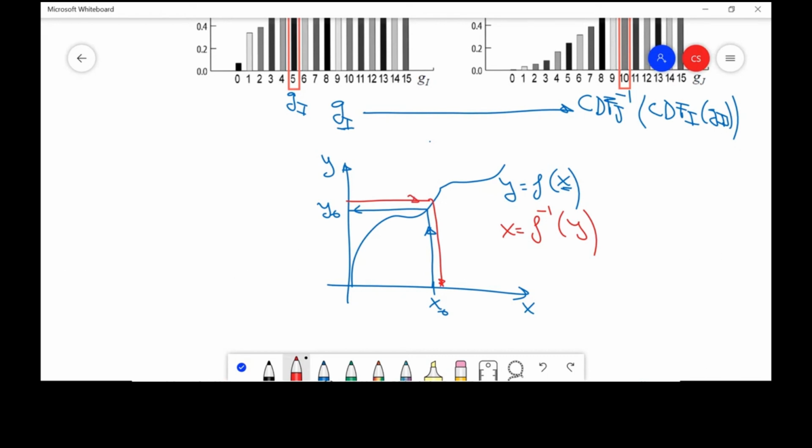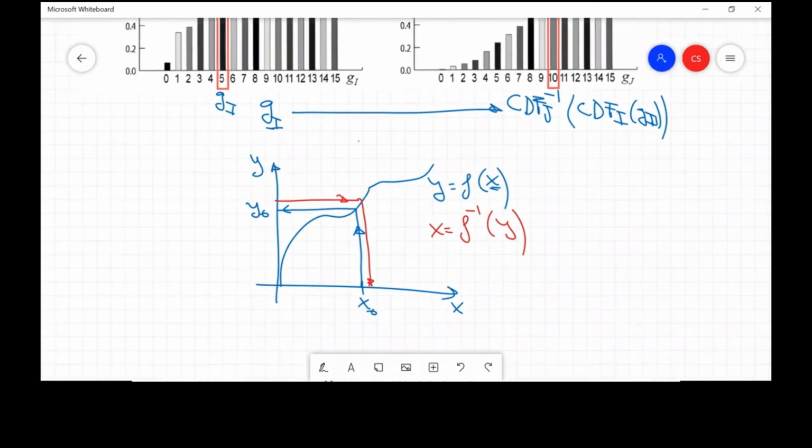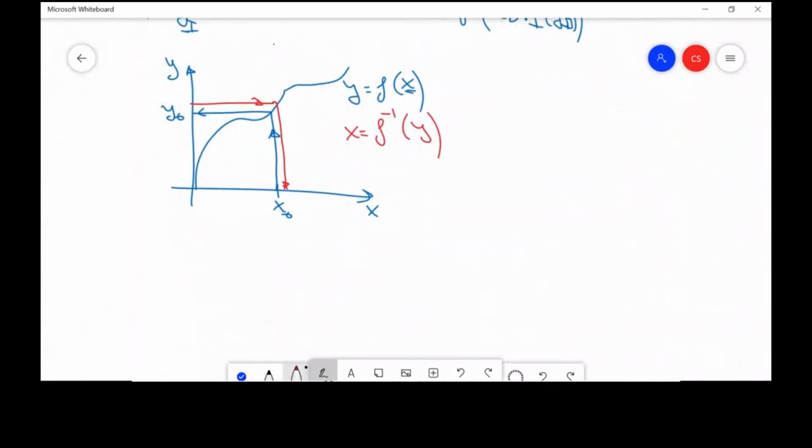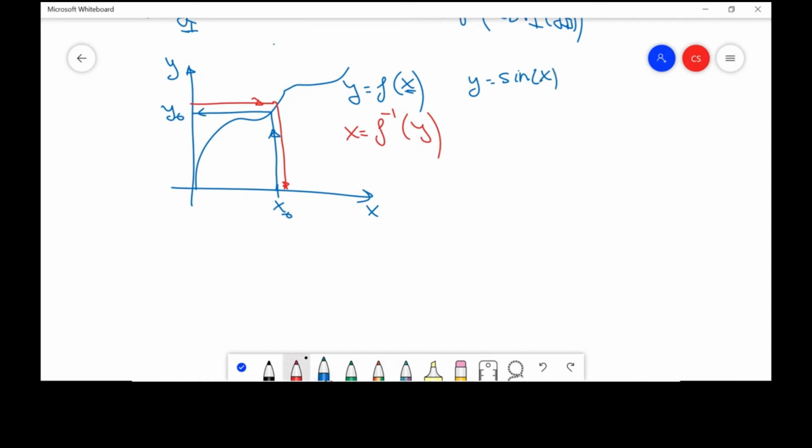So this inverse should be understood as functional inverse. For instance, if y is the sine of x, then x is the arc sine of y. So it must be understood in that way, and only in the points where it makes sense.